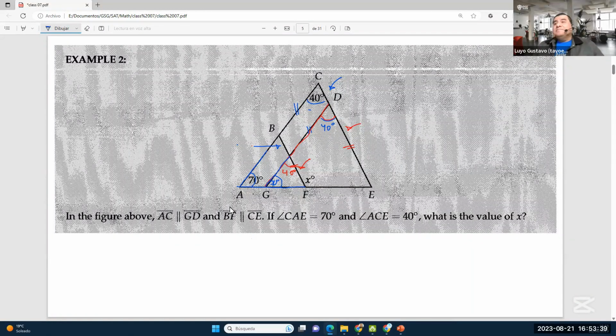And that's it. So in the small triangle, let's define the name of this point, let's call it P, the crossing point here. So what happens in triangle PGF? In triangle PGF, angle X is an exterior angle. And by the theorem of the exterior angle, this measure here has to be the sum of the two interior angles in the same triangle.